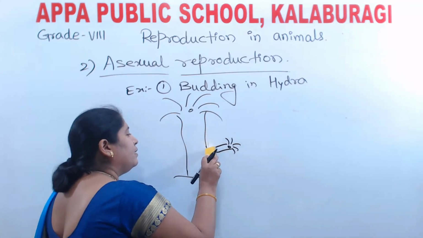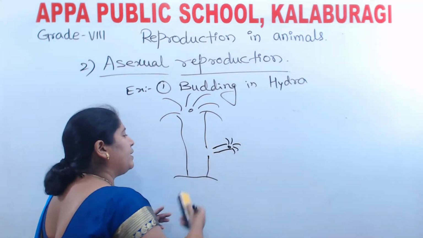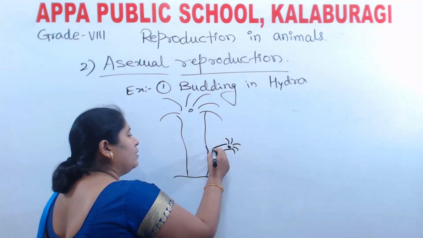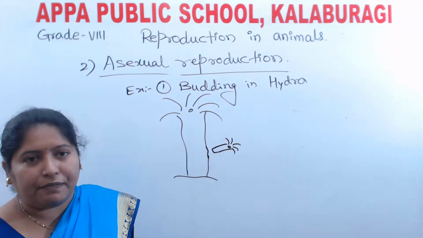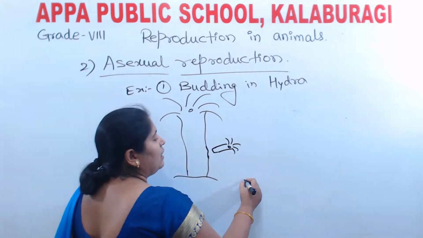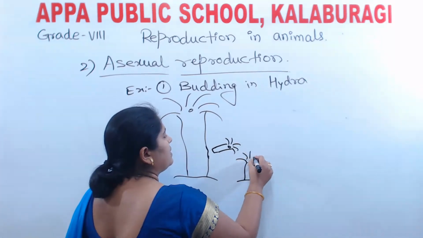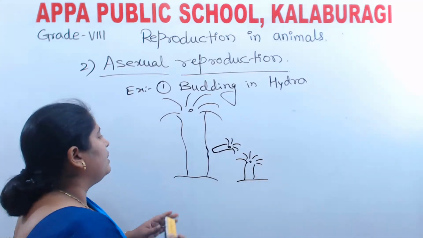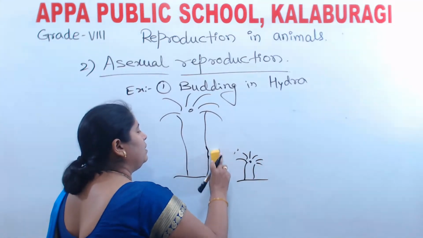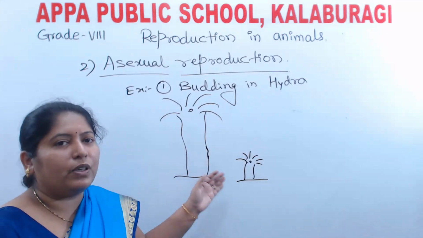Okay. I am drawing the diagram according to the sentences I am explaining. Yes, it has now detached itself from the parent's body. So now it starts to attach itself to the substratum. Substratum means the stones and rocks present at the base of an aquatic body, like a river or ocean.